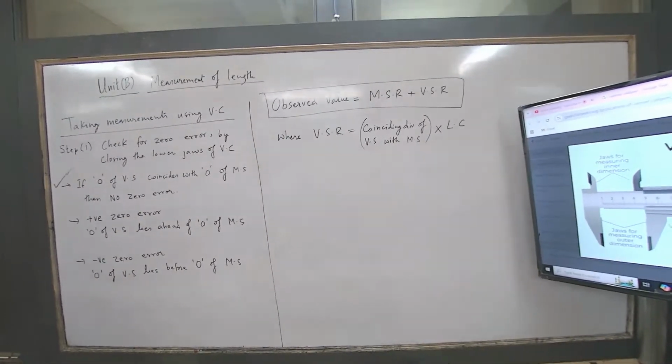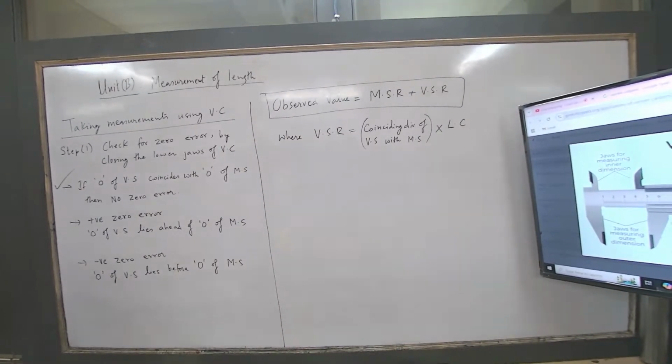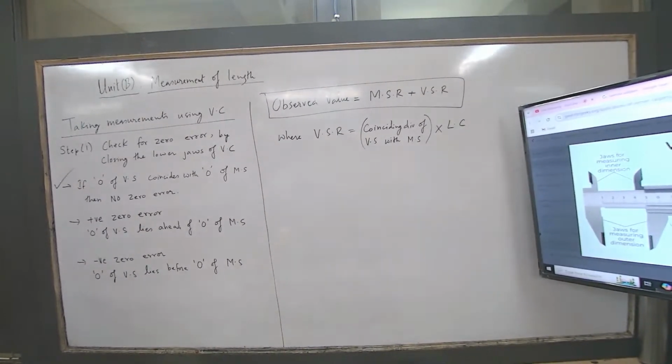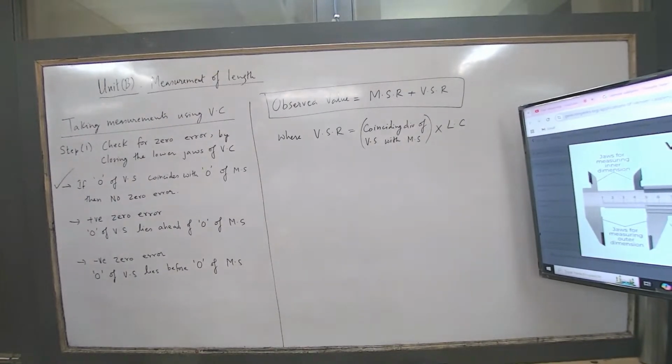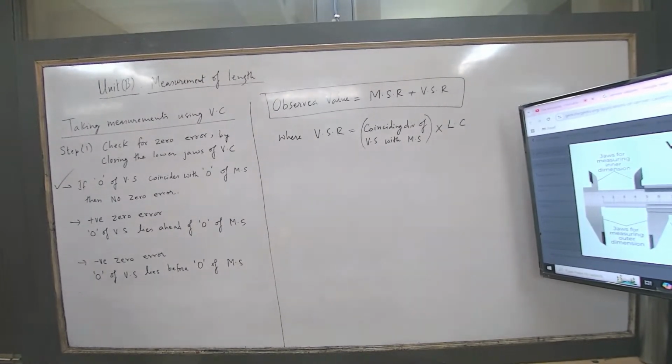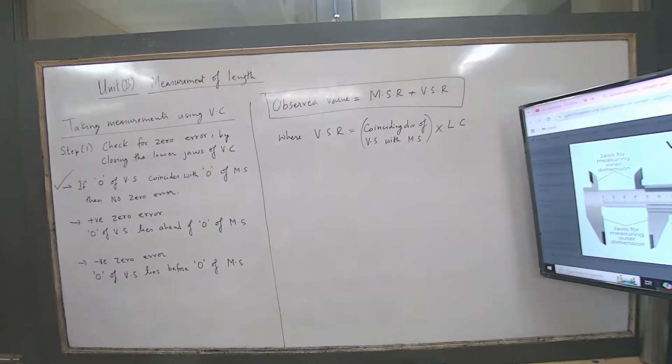See, zero of the main scale is above, zero of the vernier scale is ahead of this. Okay. Likewise here the zero is behind. Okay. So if there was no zero error, both these zeros would be above and below. Clear? So we are now going to take measurement when there is no zero error.